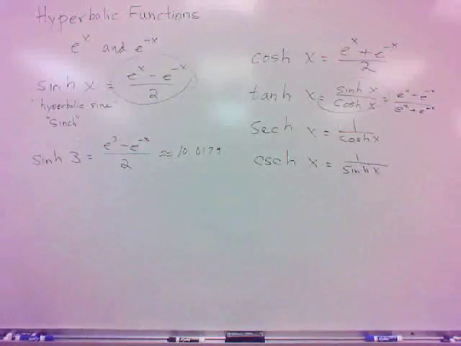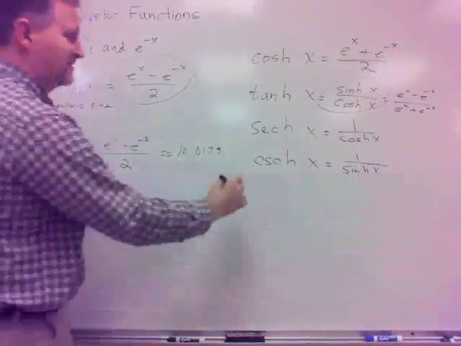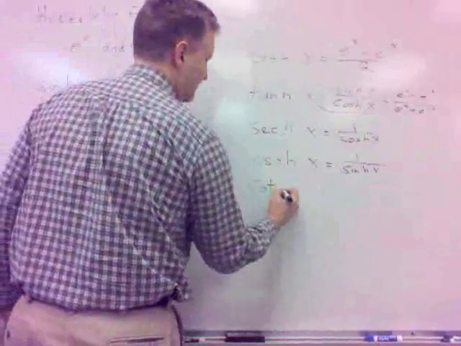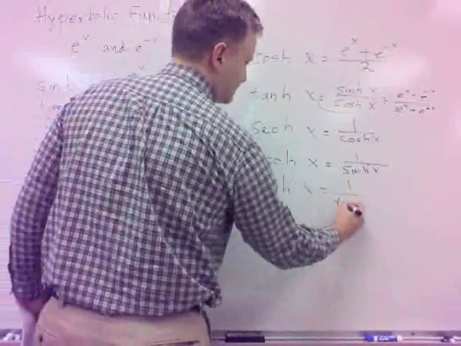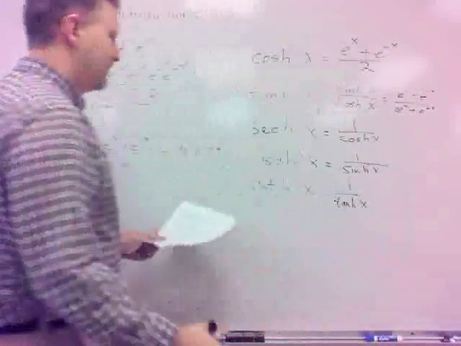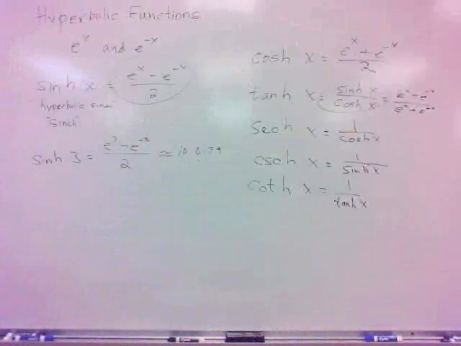Oh, and there's one more. What did I leave off? Cotangent. It's 1 over the tangent. So anyway, that's good news about it. Okay?